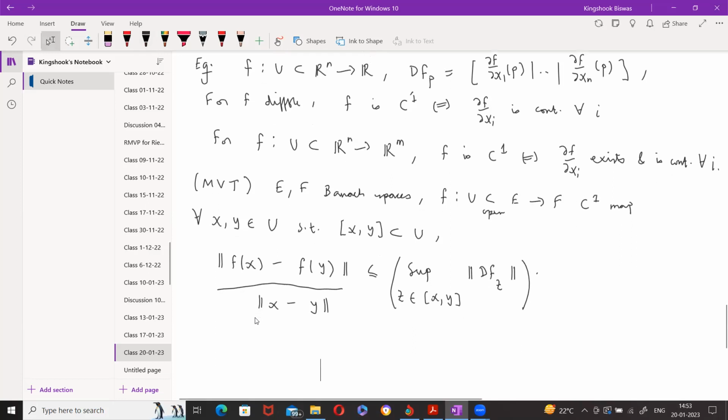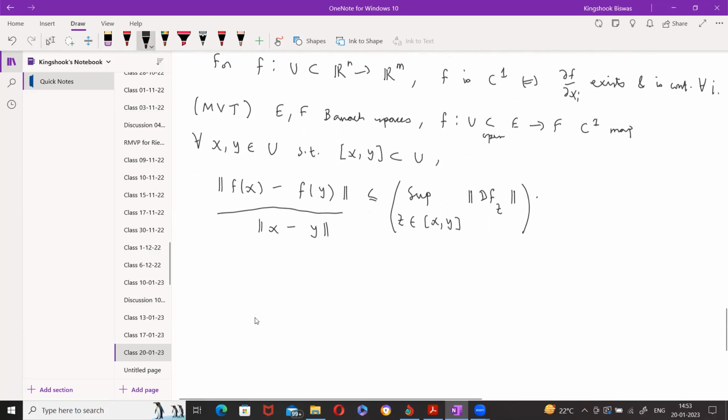And so how do you see this? Well, you take the line segment from x to y and you break it up into small pieces. You take a partition of this line segment into very small pieces, and you look at the images of these partition points. That will give you some polygonal path if I join them by straight lines.